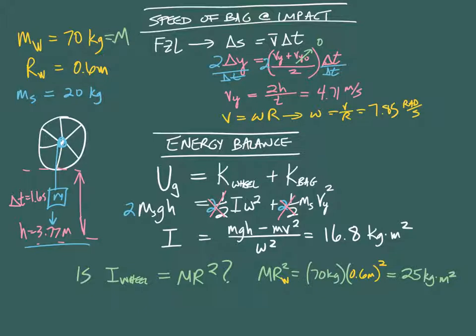And if all the mass were concentrated in the wheel, then the rotational inertia would be 25. Our experimental apparatus, because apparently the spokes are heavy, as the problem states, tells me I should know in advance that that can't be true.